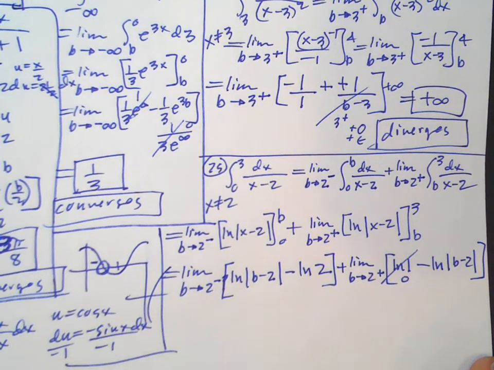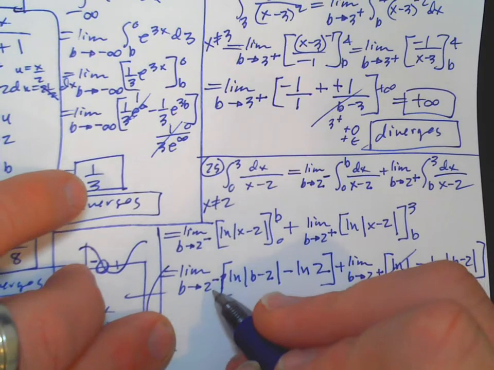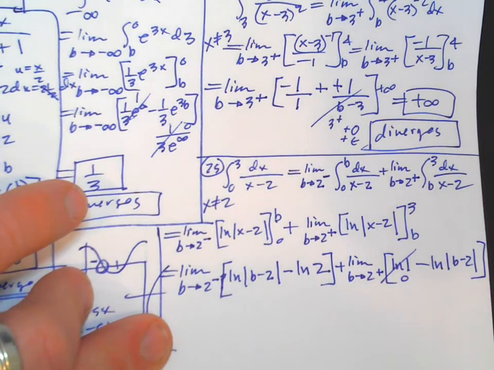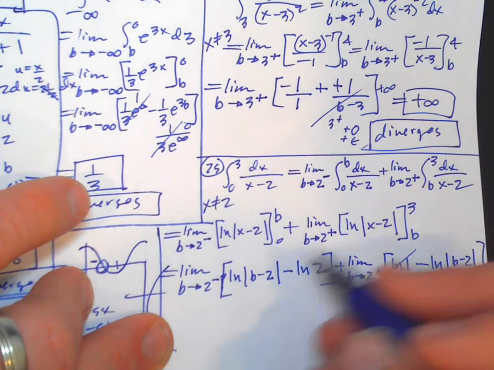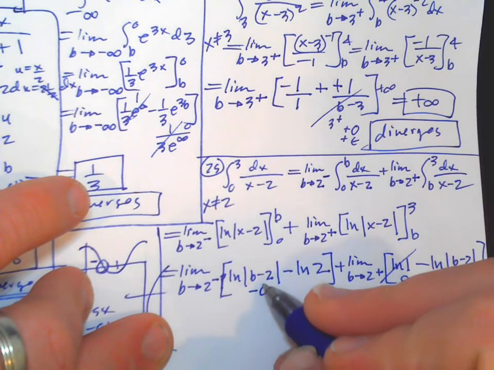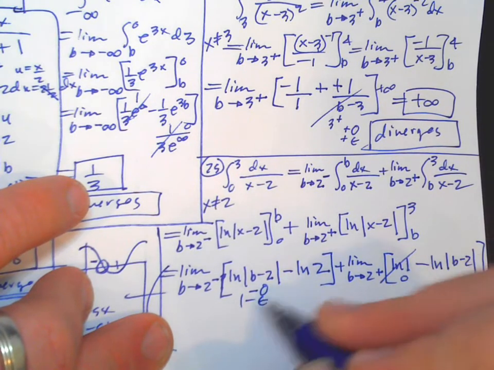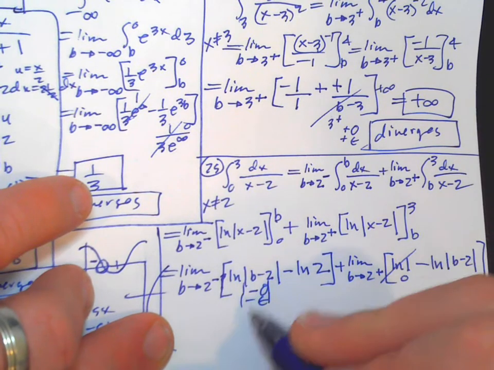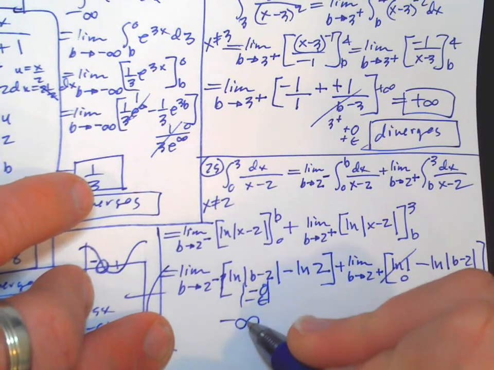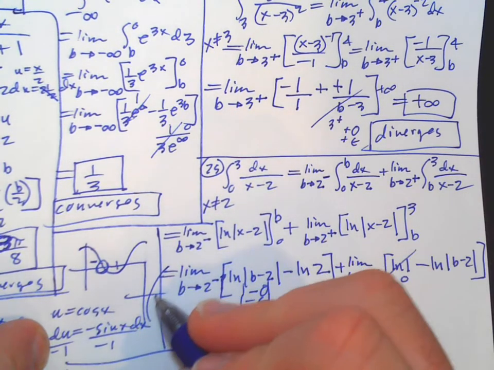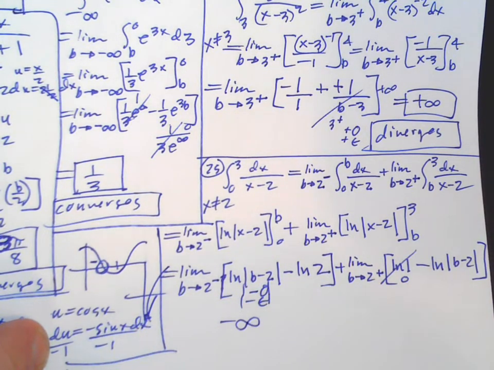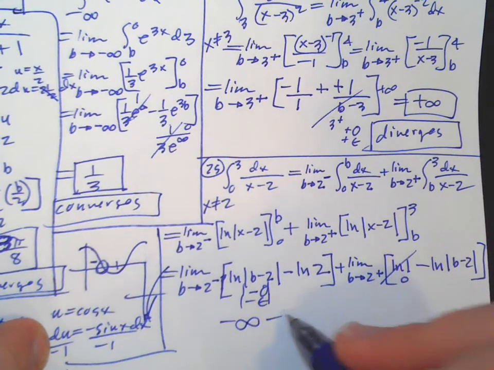Okay, what happens as we approach 2 from the left-hand side? It's going to be like 1.999, so a small negative quantity, but you are taking the absolute value. This is going to go to negative infinity. If we look at the graph, you get closer and closer to natural log of 0. It blows up. Minus natural log of 2.